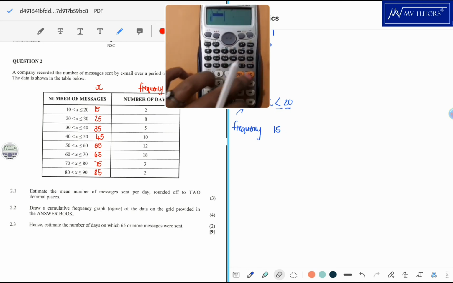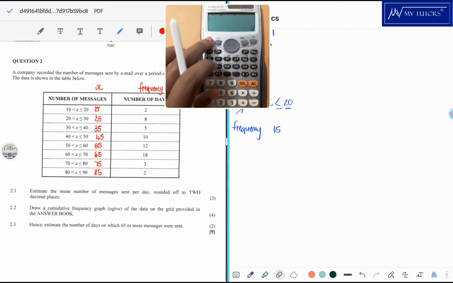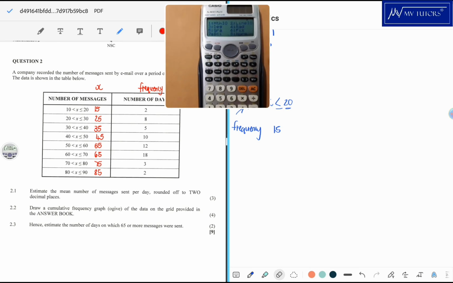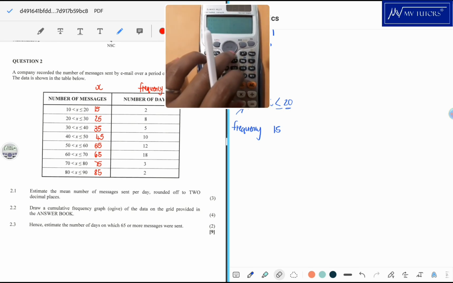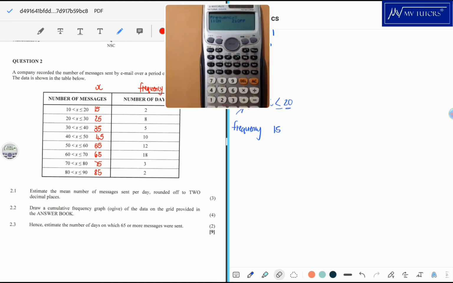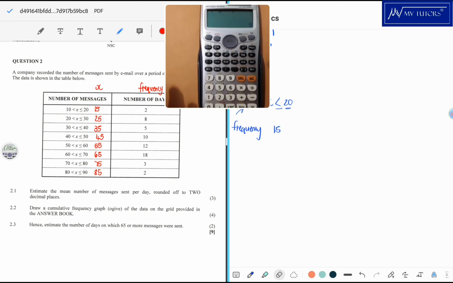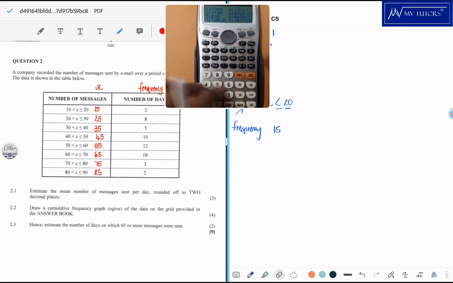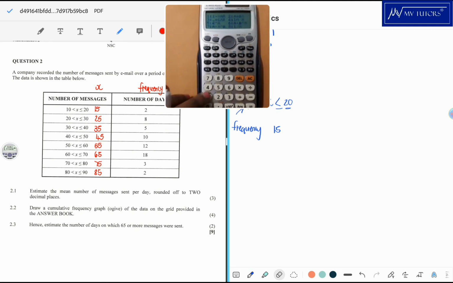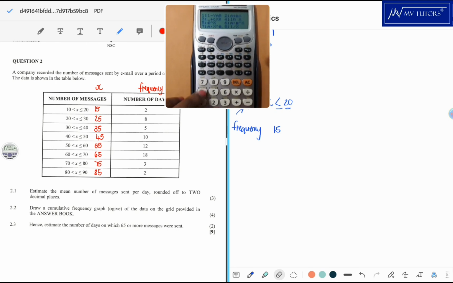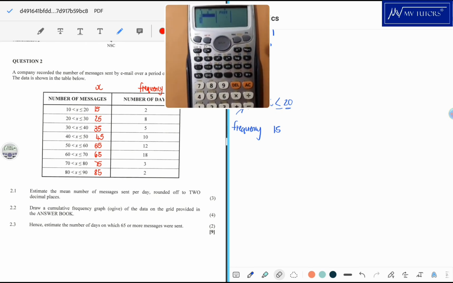So you're going to go shift mode. If you have a simplified Casio, you won't get all these options, but where you want to go is stat. 4 is stat, and it asks frequency on or off, so you press 1 for on. Then again you go to mode, go back to stat, and still go to 1-variance. We're not at the scatter plot where you have a plus bx, so we go to 1-variance, and then you have x values and your frequency.